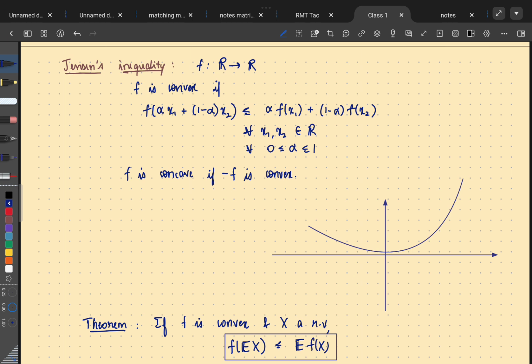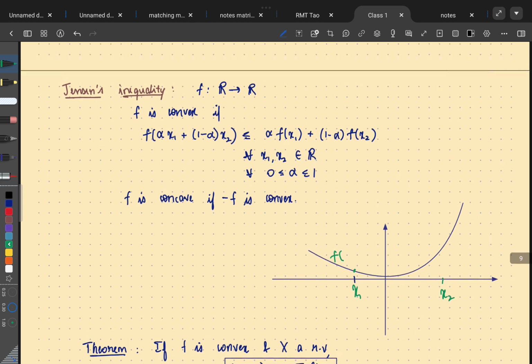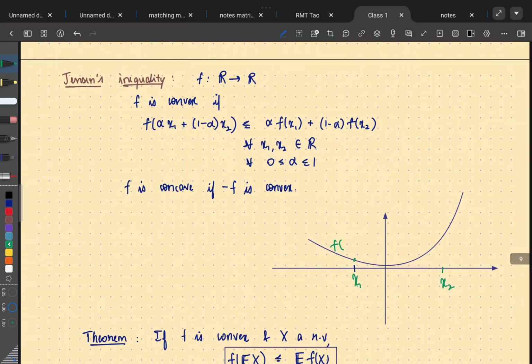If you take any 2 points, x1, x2, on the real line, let's call this x1, and this is my x2. What you evaluate at this particular point is f of x1, so this is (x1, f of x1).